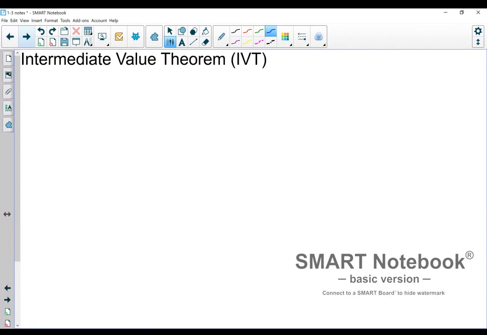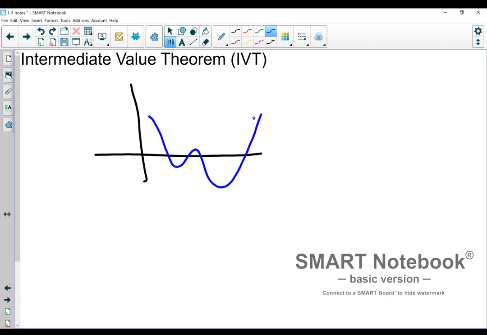The intermediate value theorem. So if you look this up in your book, it's super confusing. They use a lot of letters and a lot of language. The idea, though, is really very straightforward. So I'm just going to do a quick graph. I will draw my axes first in black, and then I'm going to draw some kind of a smooth curve, and we're going to make 2 points on our graph.